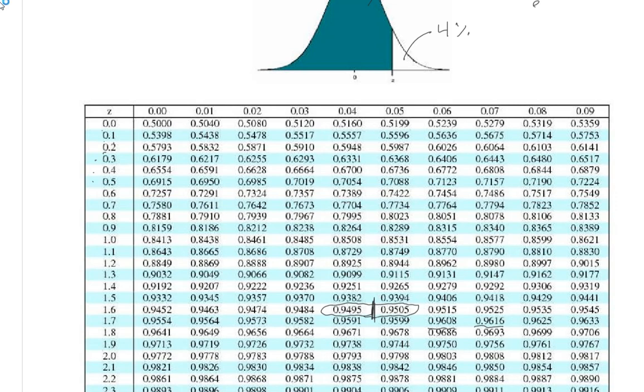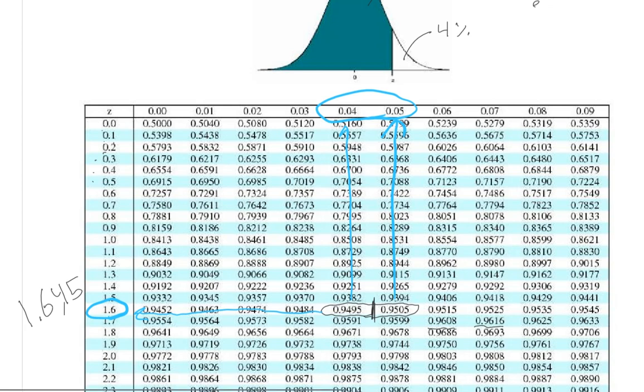Now, if I try to find the z-score, I go over, and I go up each of these. So I find 1.6 and between 0.04 and 0.05. That means I'm looking at 1.645 again, except in this case I'm looking at the positive version of that.